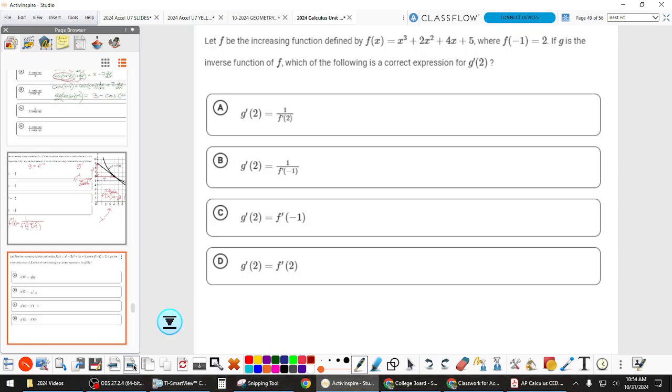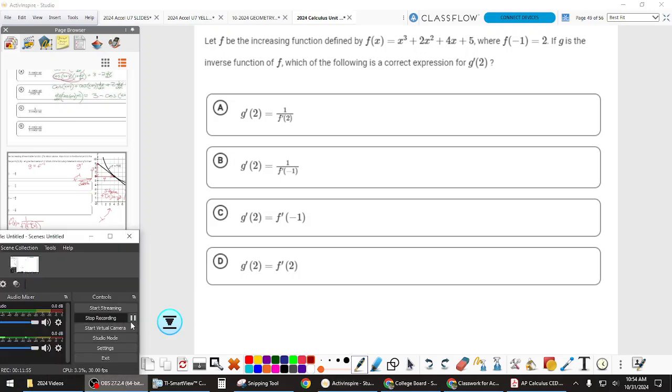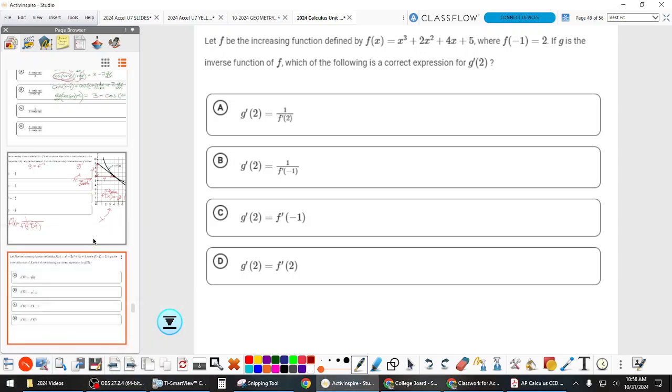Okay. Yeah, this is a good one, I guess. This one's kind of annoying because you don't actually need this. Yeah, I didn't do any math. It's basically just the definition, or the derivative rule.